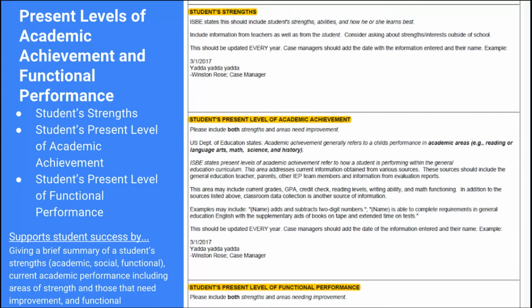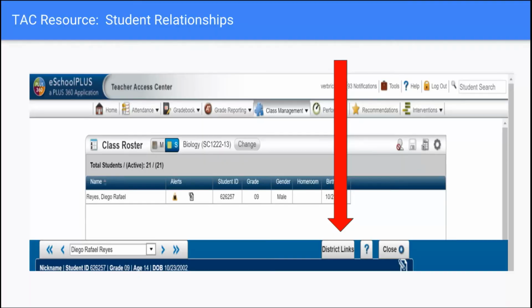The information may contain above and below the line information, which helps you better understand the student's abilities and challenges, as well as develop a relationship with the student. You can also see the student's grade level team members, including case manager, through the District Links tab shown here.